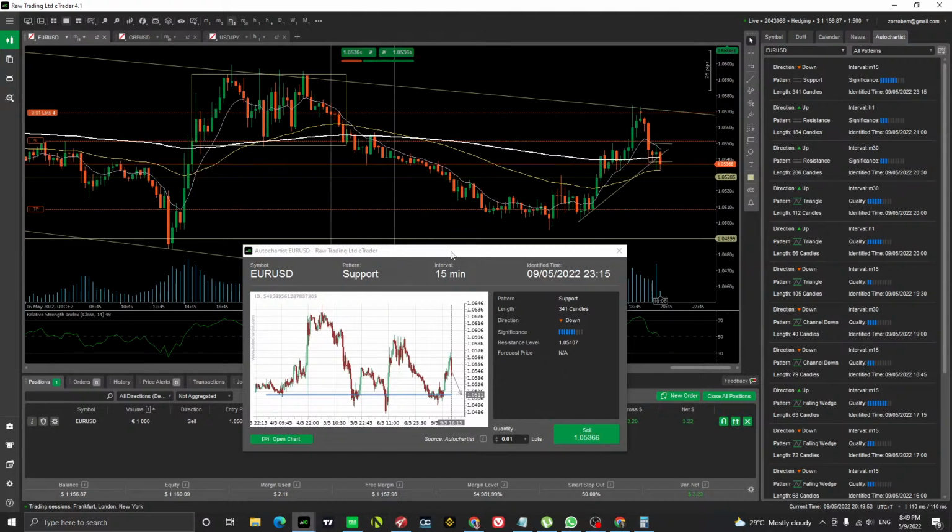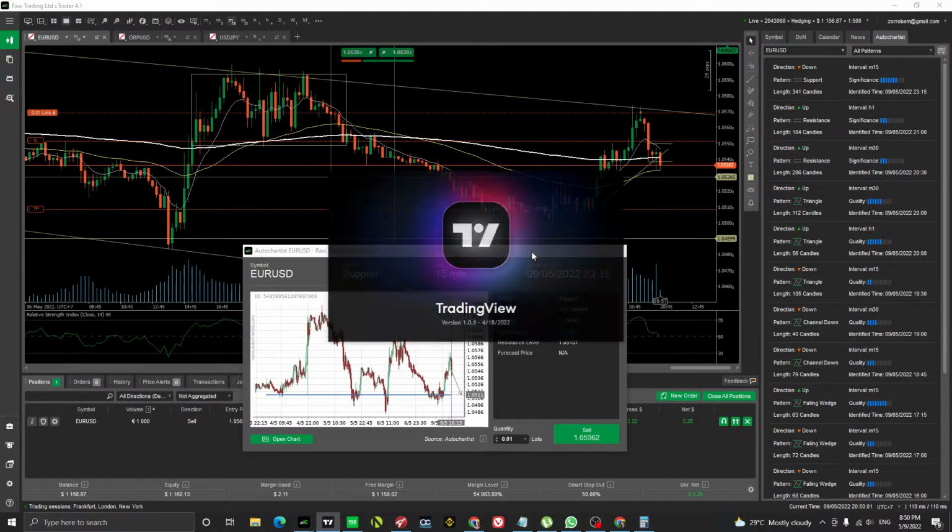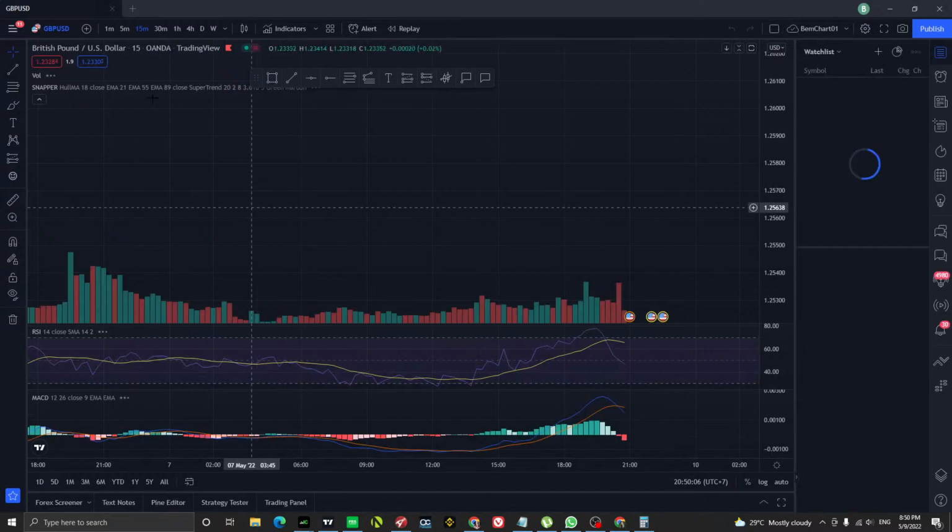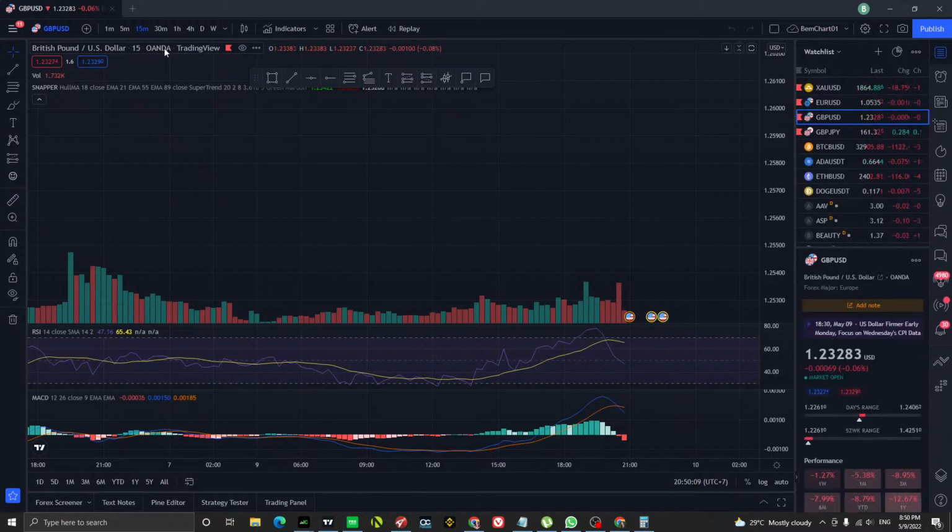A lot of traders use TradingView. I also have TradingView, but I'm not used to analyzing in it because sometimes the liquidity providers, you have either Oanda or FXCM or something, there are different liquidity providers.